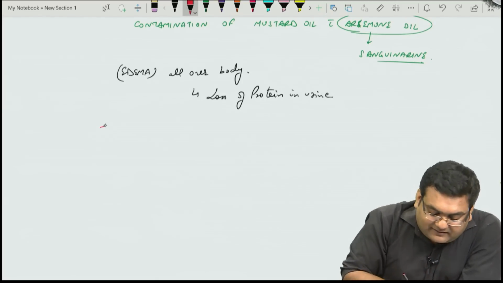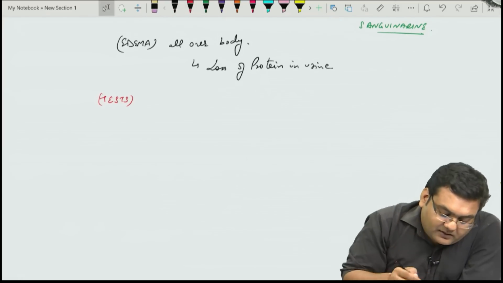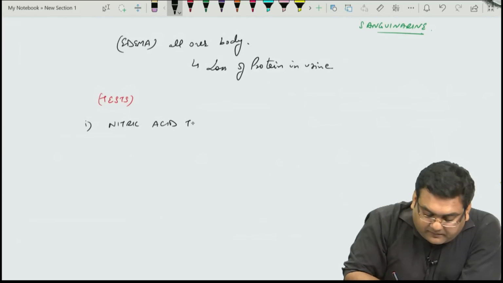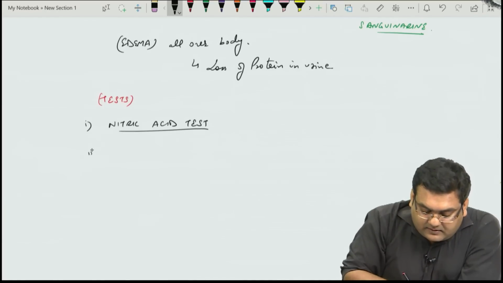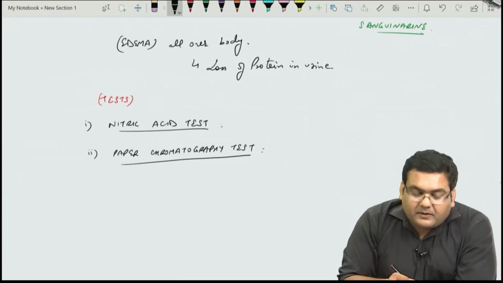Now what are the tests used to find this? One is your nitric acid test and the other is your paper chromatography test.